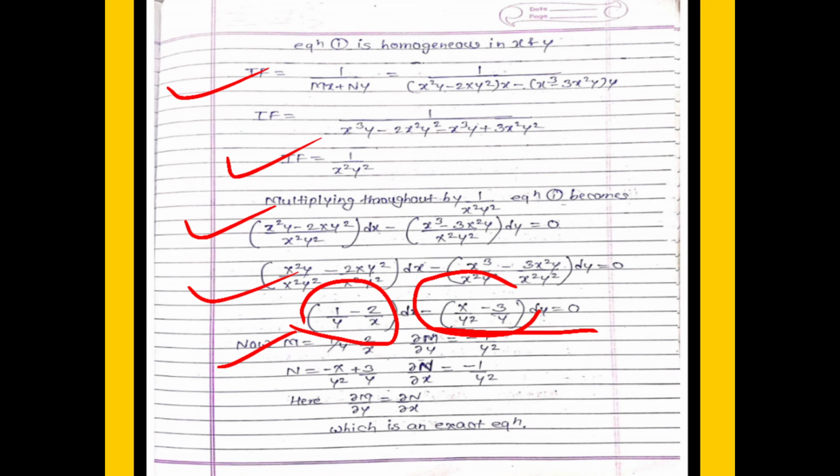So we will write M and N. We know that the term which is near dx will be M, and the term which is near dy will be N. Then after that, we will find its partial derivatives, and the partial derivatives will be the same. So it is an exact equation.